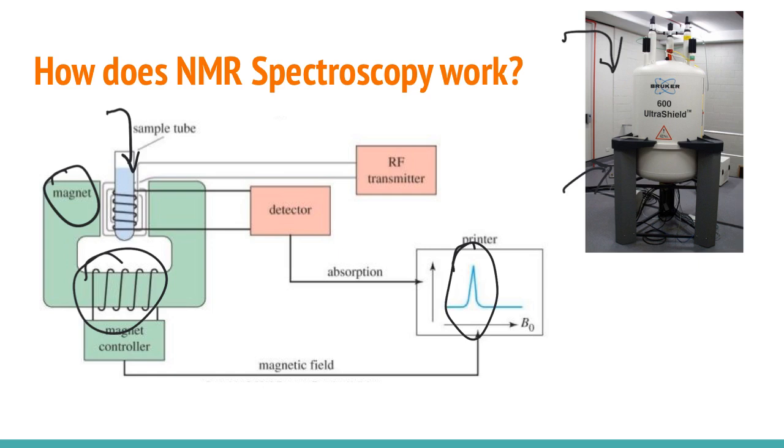We can then get information about the environments of these different types of nuclei within the molecules, and specifically, we're just going to focus on protons and the information we get about the environment of the protons within that molecule.